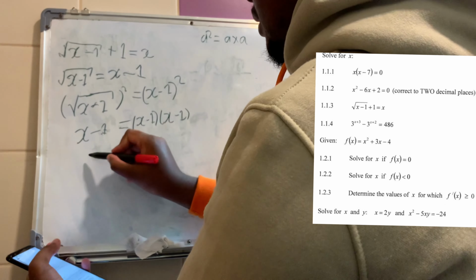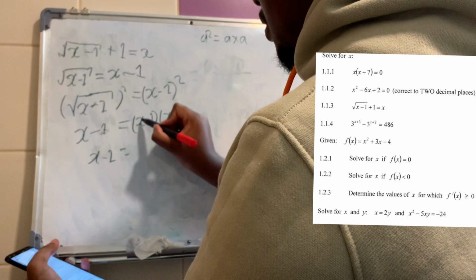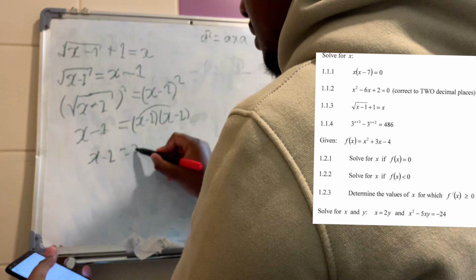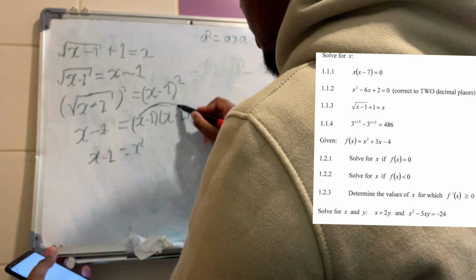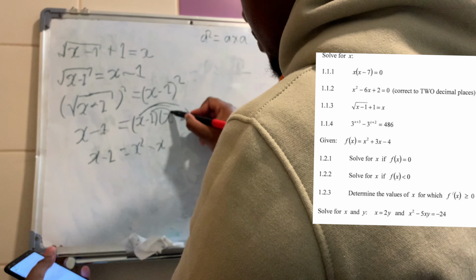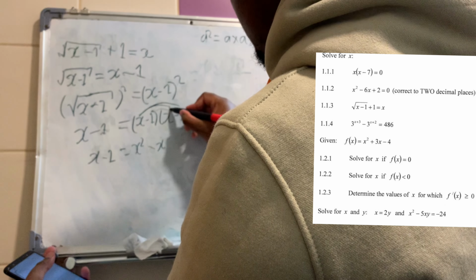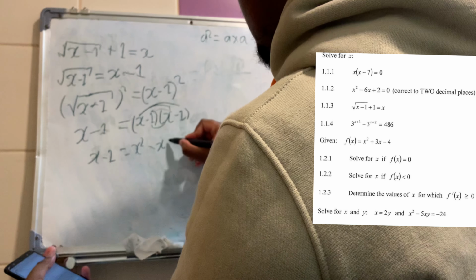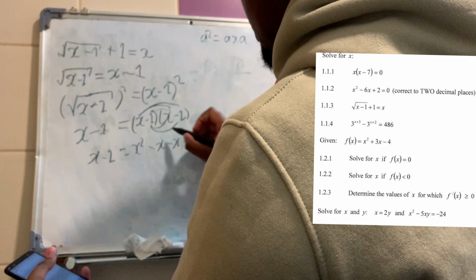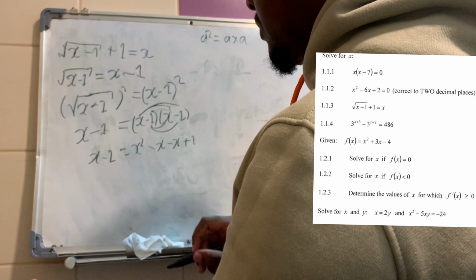Now we're going to say x minus 1 is equal to this bracket multiplied by that other bracket. Then x times x is x squared, x times minus 1 is minus x, minus 1 times x is minus x, and minus 1 times minus 1 is positive 1. A negative times a negative gives a positive.